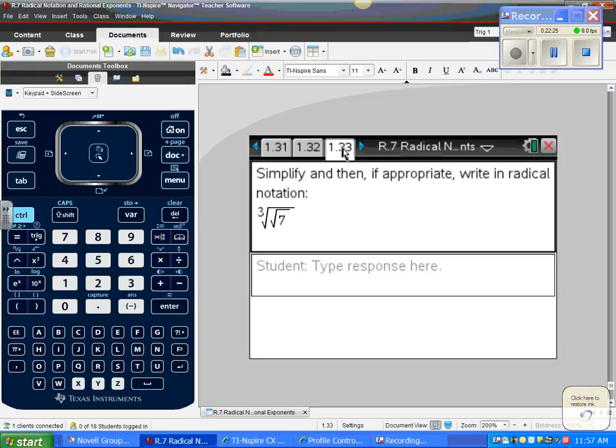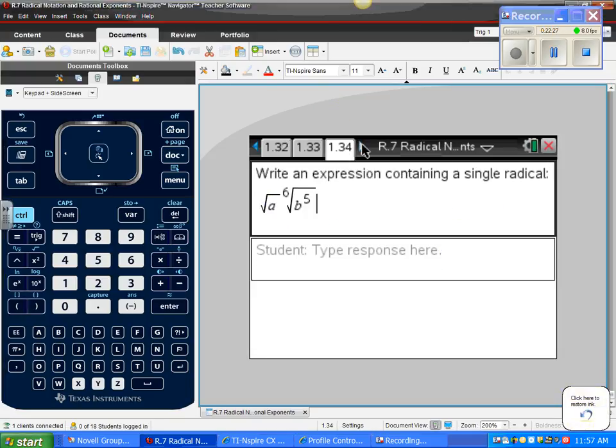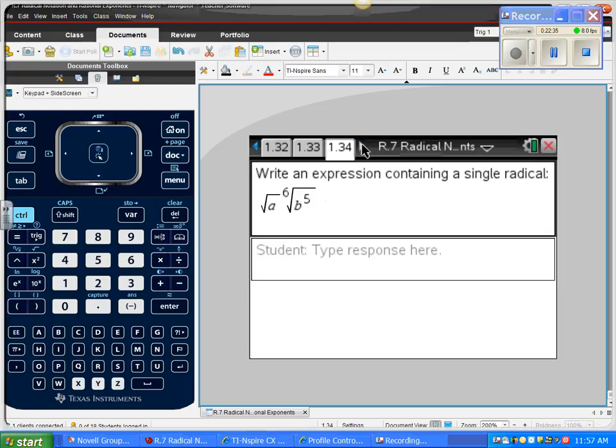Last slide. All right, write an expression containing a single radical. All right, so square root of a, again, same thing as a to the 1/2. 6th root of b to the 5th is the same thing as b to the 5/6 power.